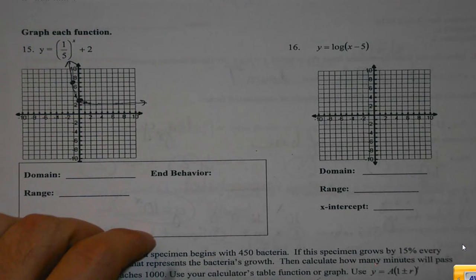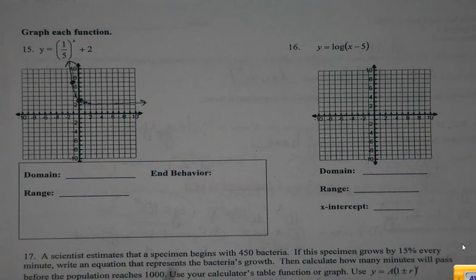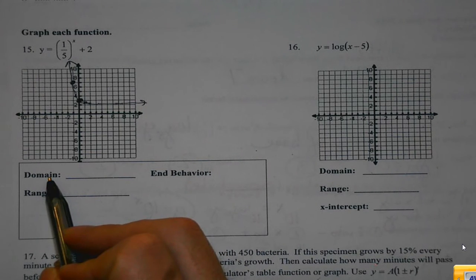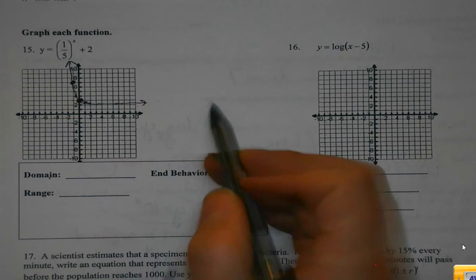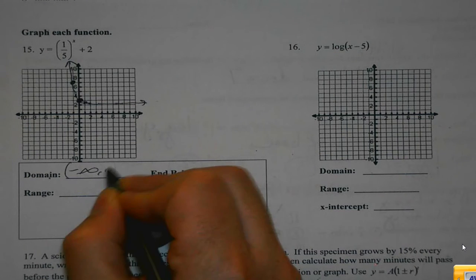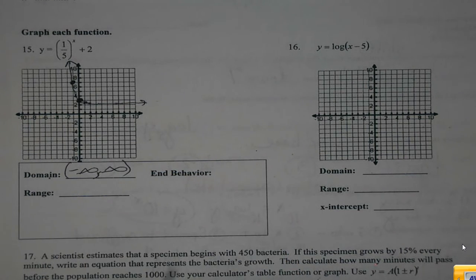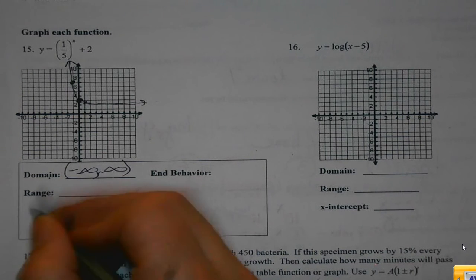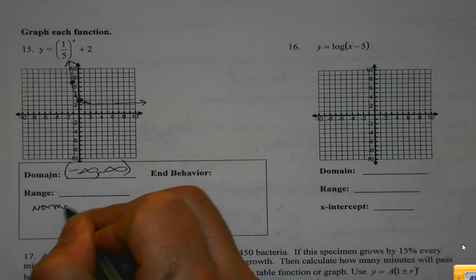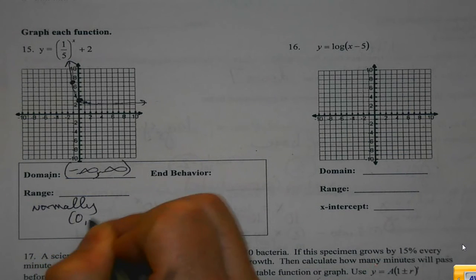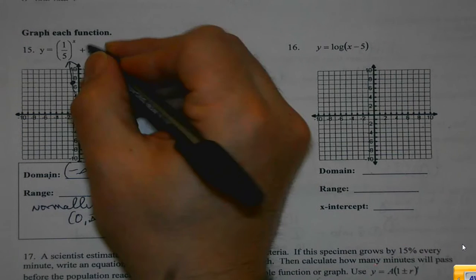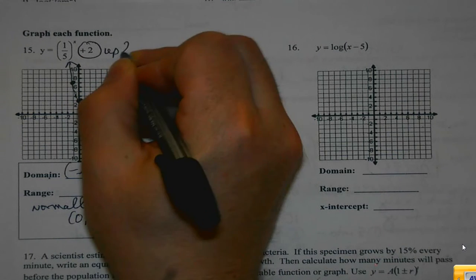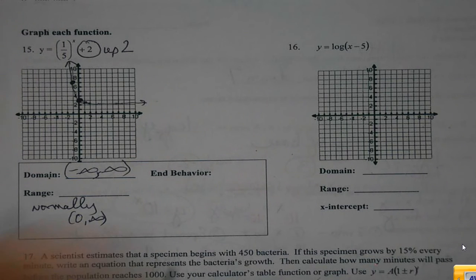That wouldn't make sense. So once I graph it, my domain, and here's where we get to be careful, this is going out in both directions forever. So on a growth or decay, my domain is negative infinity to infinity. My range, which normally would be 0 to infinity, unless there's an up or a down shift, which there is.